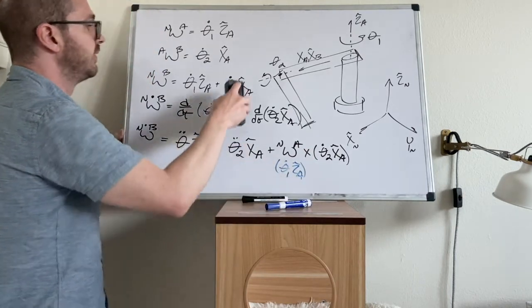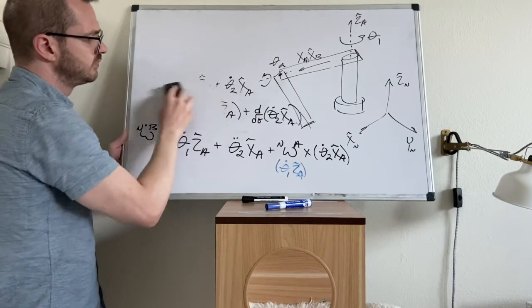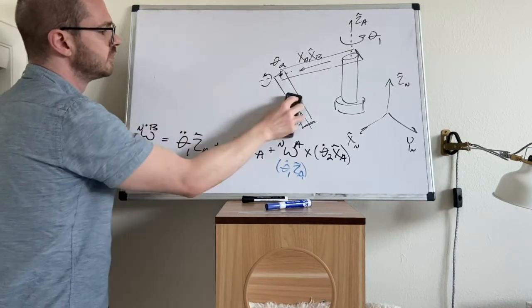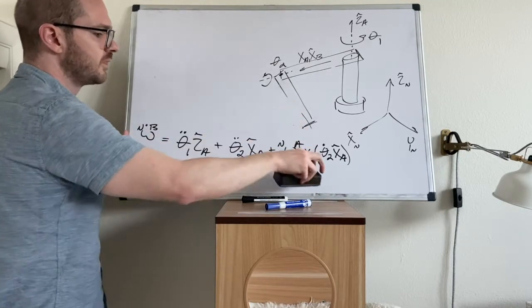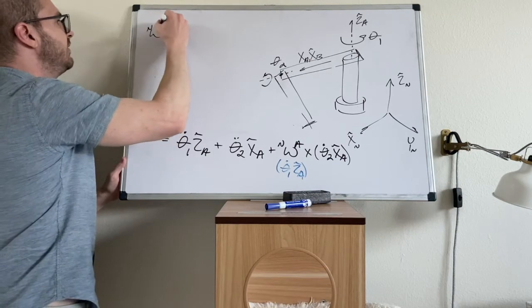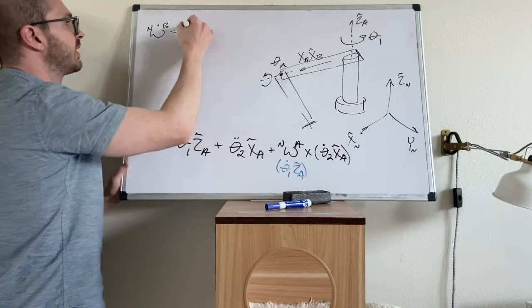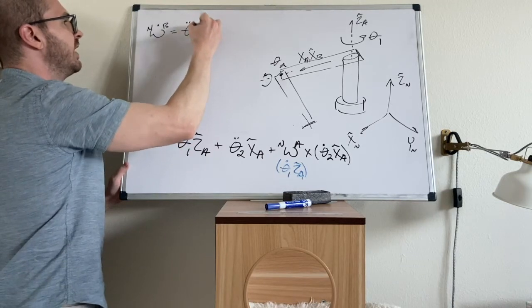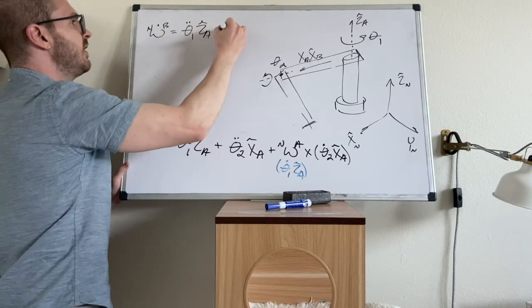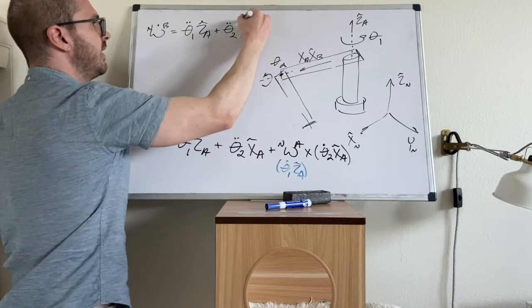All right, let's make ourselves a little bit of room. Omega N to B dot is going to equal, these two are both finished, we can bring them up: theta 1 double dot ZA, theta 2 double dot XA.